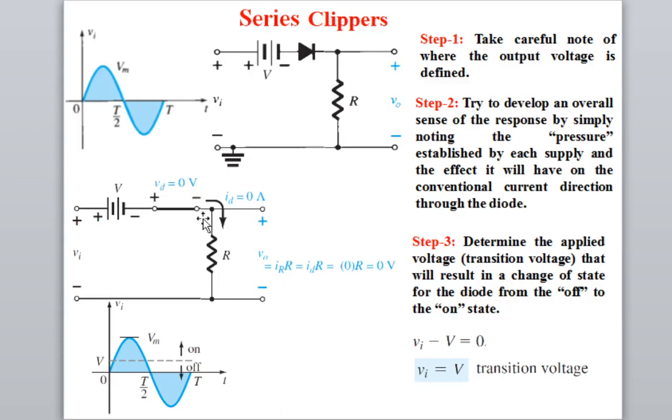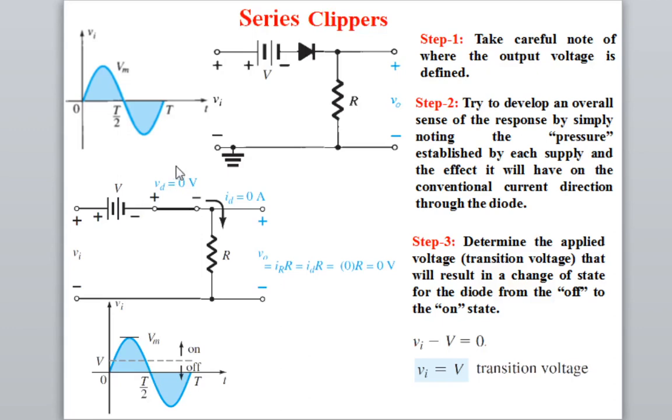If the diode voltage Vd is equal to 0, then there is no forward current. Whether the diode is in forward bias or reverse bias doesn't matter. Remember, it doesn't matter.